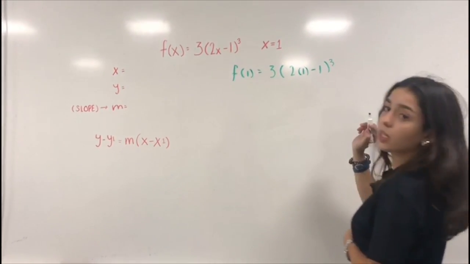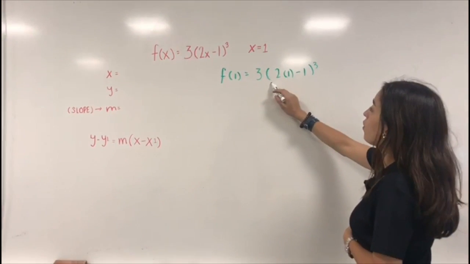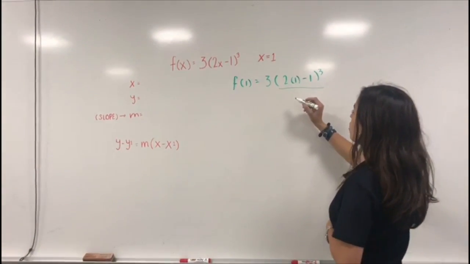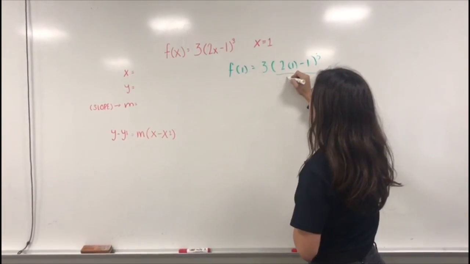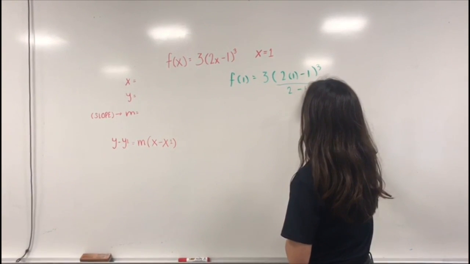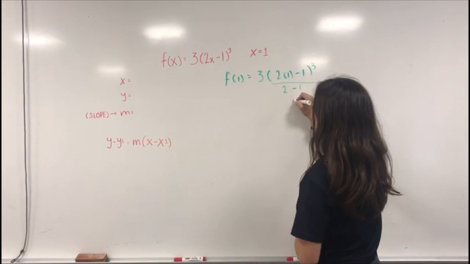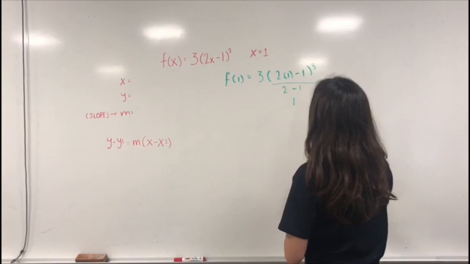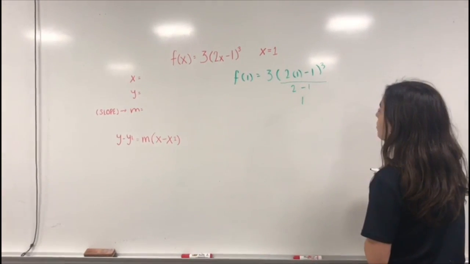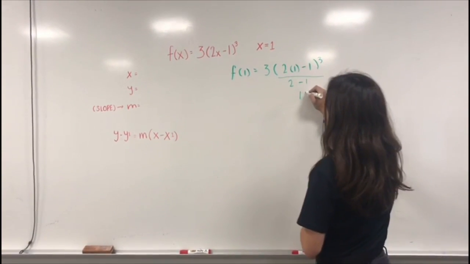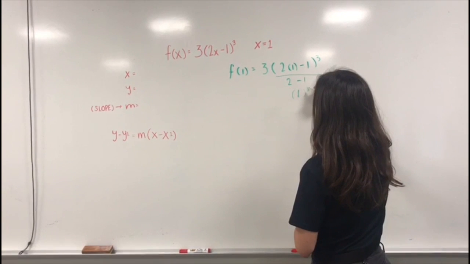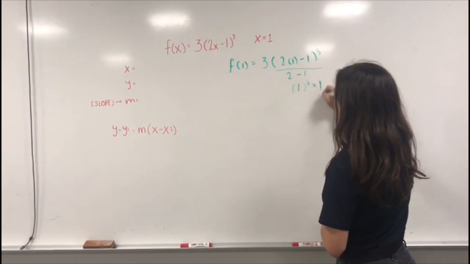Then the first thing you have to do is solve the parentheses. So this would be 2 times 1, 2, minus 1, giving you 1. So now what you have is 1 to the third power, which is 1.